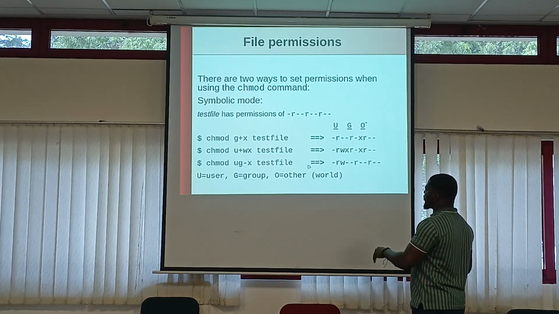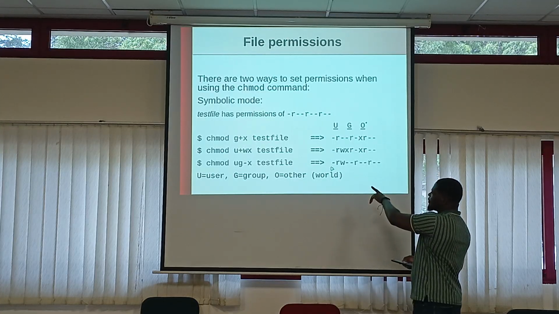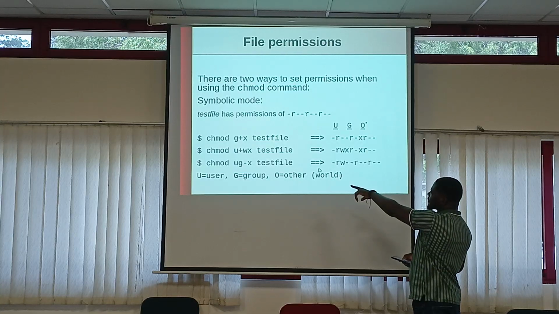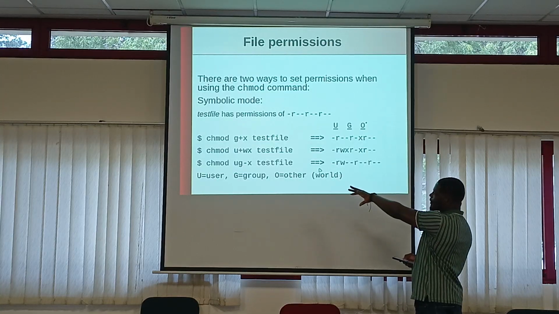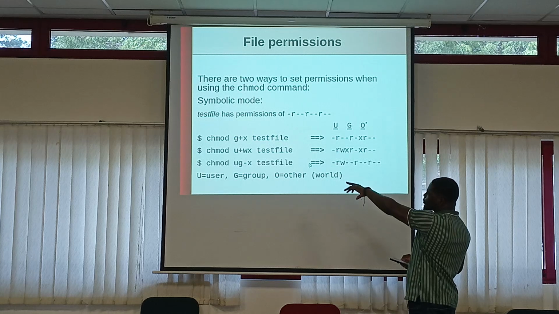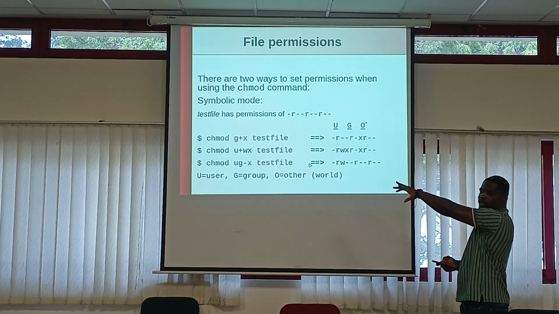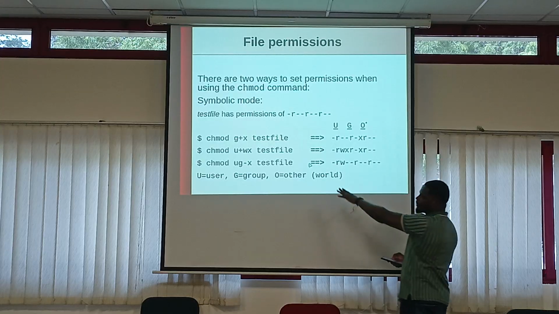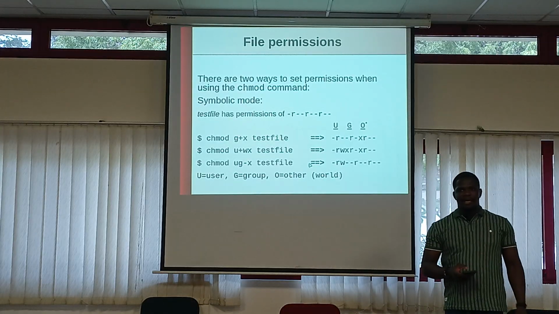And then it's minus, sorry. When it's minus, it removes the X executable access for the user and group. In the first two, they were given the executable permission, but in this part it was removed, and this is the output. So that's basically how to set a permission.